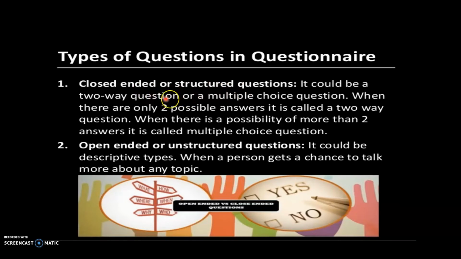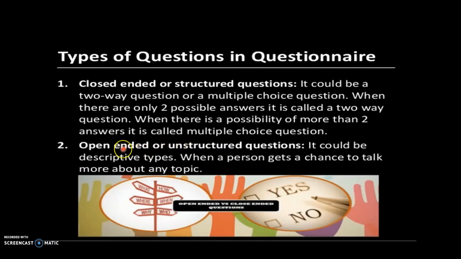It could be a two-way question or a multiple choice question. When there are only two possible answers, it is called a two-way question. When there is a possibility of more than two answers, it is called multiple choice question.